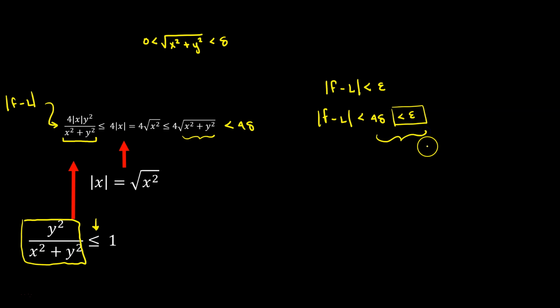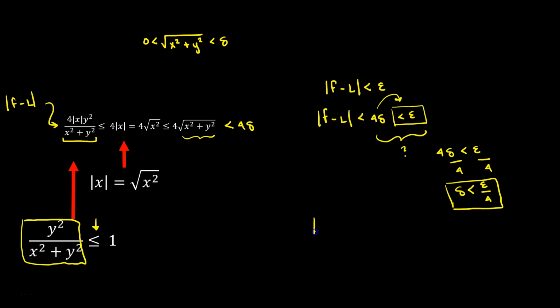So we look at these last two steps and we say, what delta should we pick to make this true? Well, if we let 4 delta be less than epsilon, and we solve for delta, then it says let delta be less than epsilon divided by 4. So if we use this substitution, then we can make that last step.